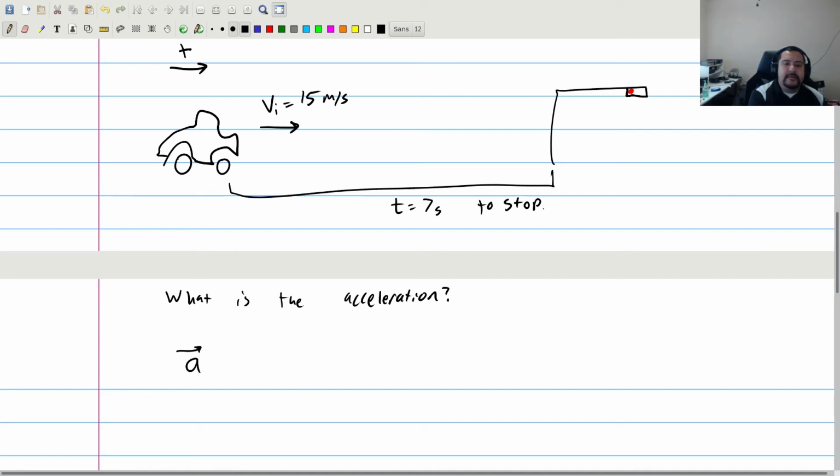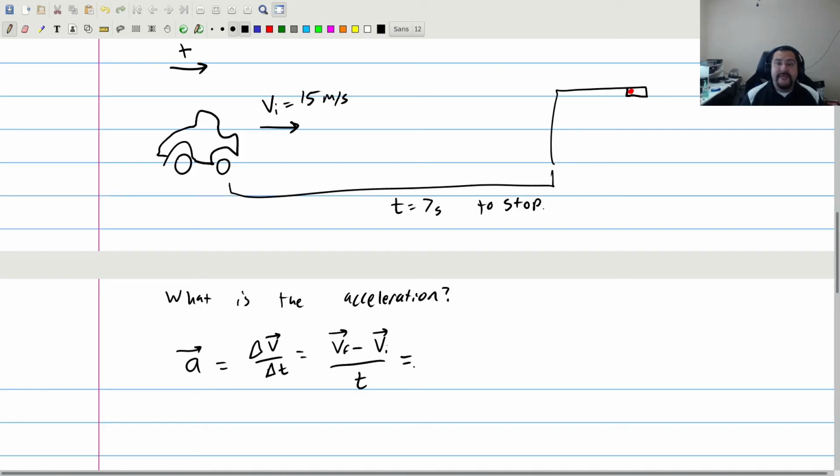A is equal to delta V over delta T, which is equal to V final minus V initial divided by time. Again, I don't need to manipulate this one. I just need to plug in some numbers.